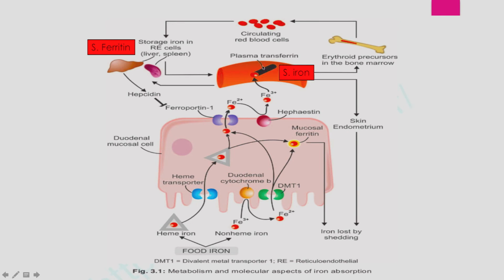Right, when the iron is more, the transferrin also gives the iron to certain storage facilities in the body, which are the reticuloendothelial cells of liver and spleen. So in liver and spleen, the iron is stored in the form of ferritin, right.